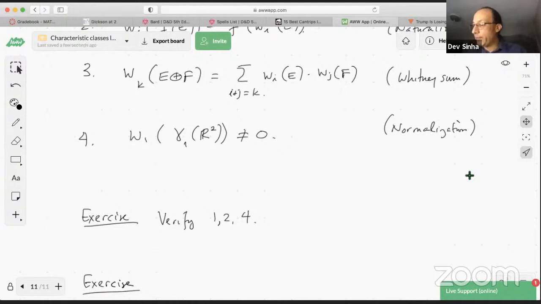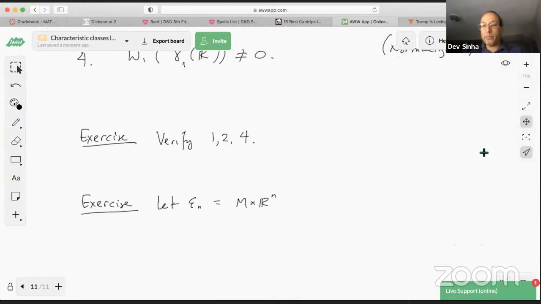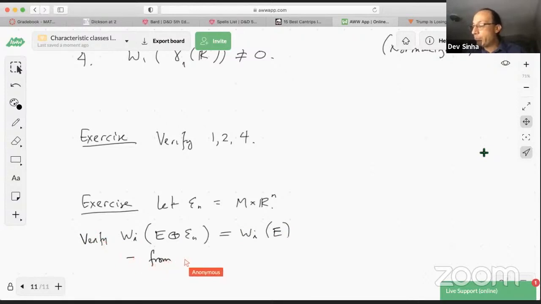Verify that, say, let epsilon n be the bundle M cross R^n. Pretty sure that's the notation Milnor and Stasheff use. Then each of these Wi of E plus epsilon n is the same as Wi of E. So I want you to verify this both from the axioms and from our definition.